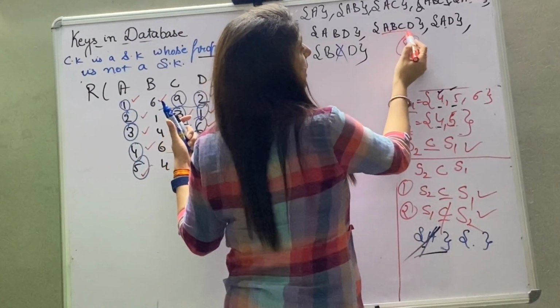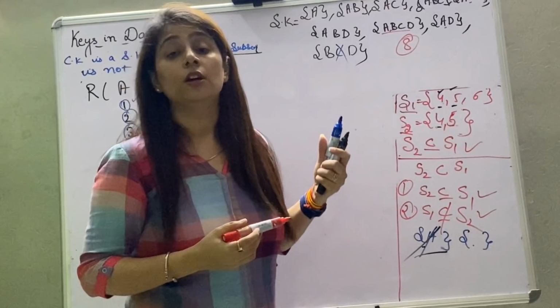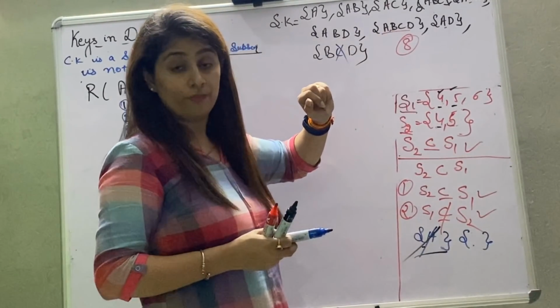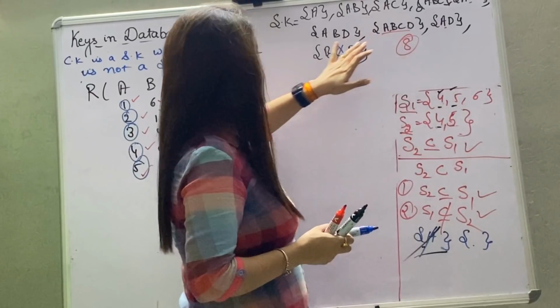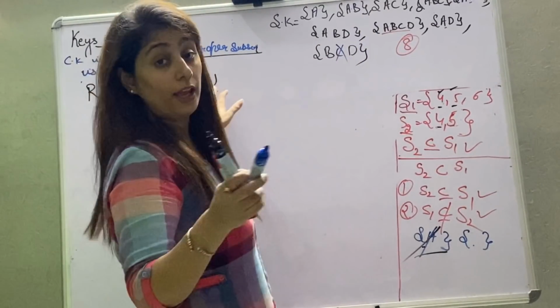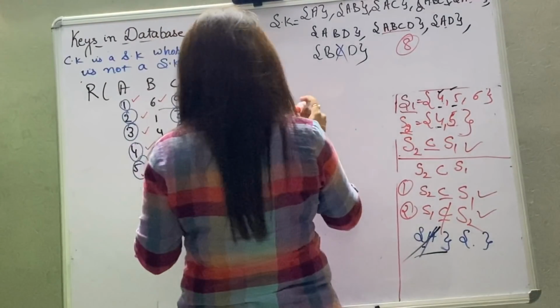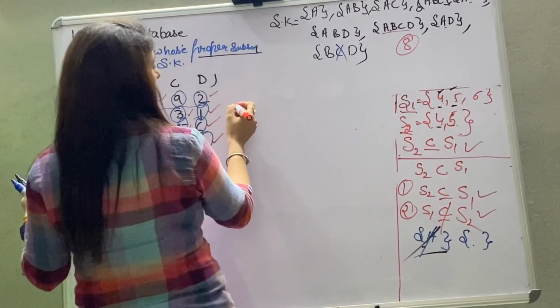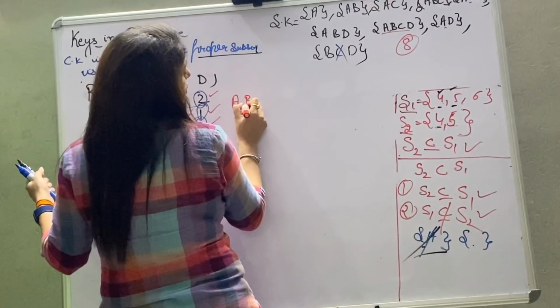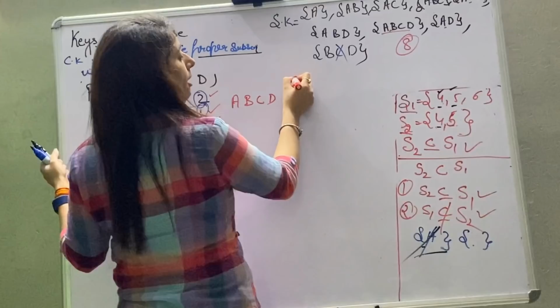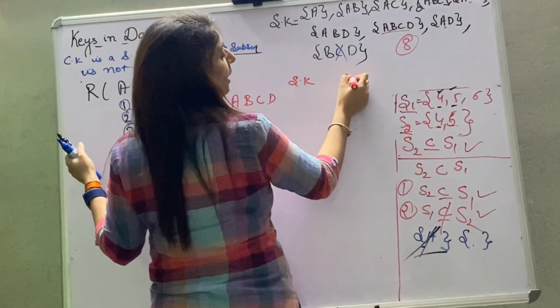If I talk about the ABCD proper subsets, ABCD can be the super key here. Let's check whether it is a super key or a candidate key.